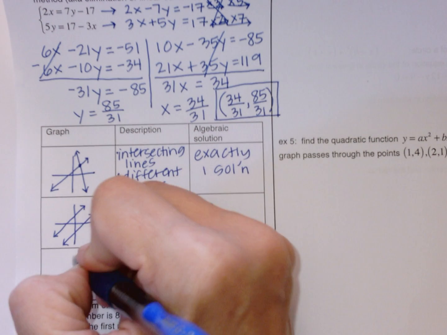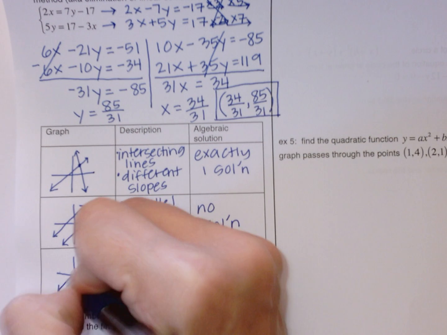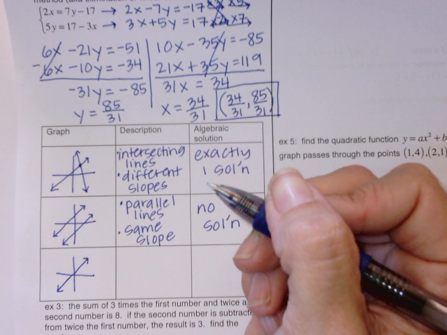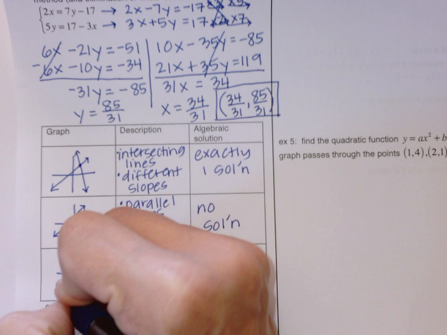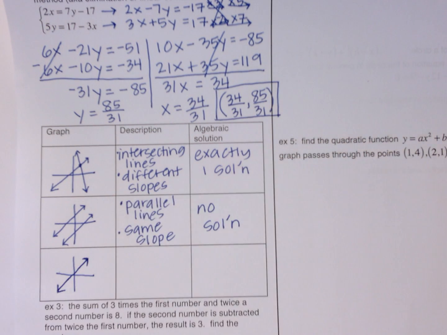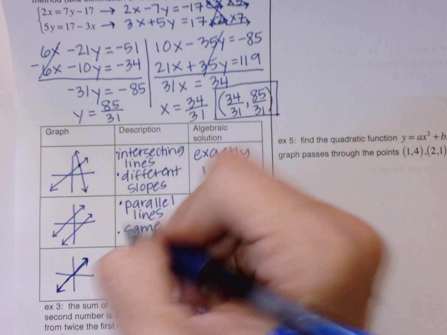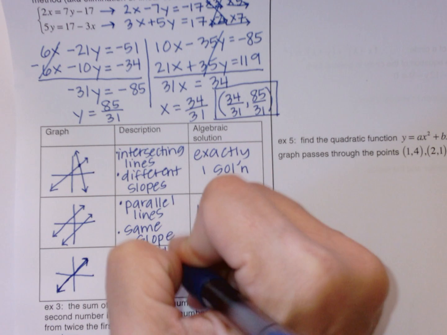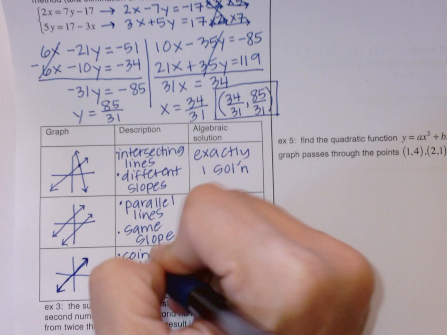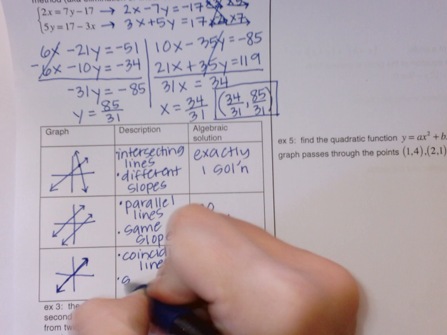And then the last one is what would happen if we had one equation and then we have what looks like a different equation and we put it in y equals mx plus b form, and it actually ends up being the same exact equation. So these are called coinciding lines. And what we know about these lines is that they have everything the same.